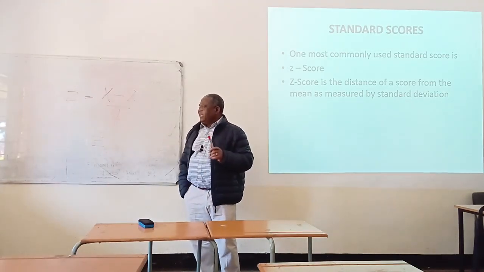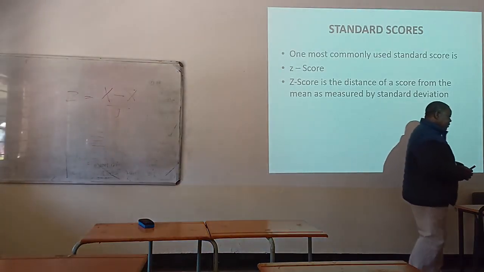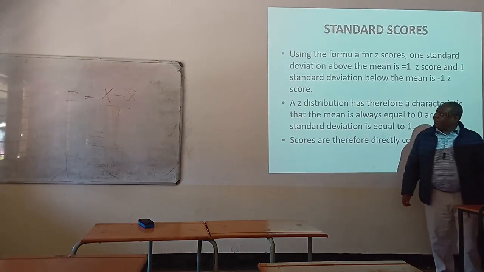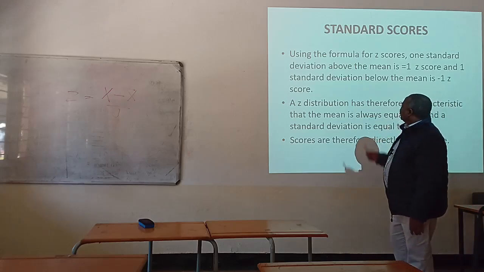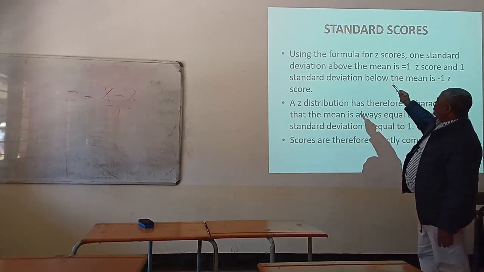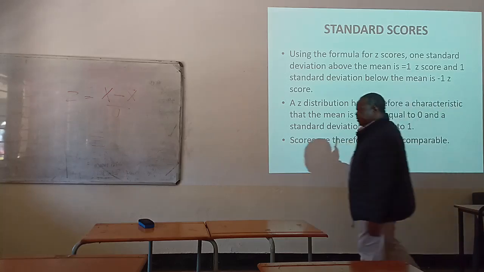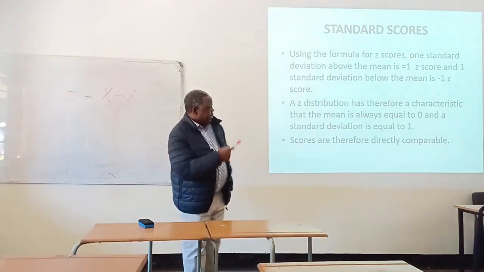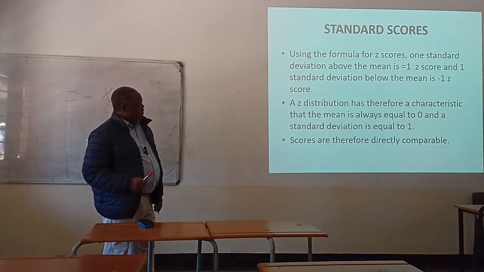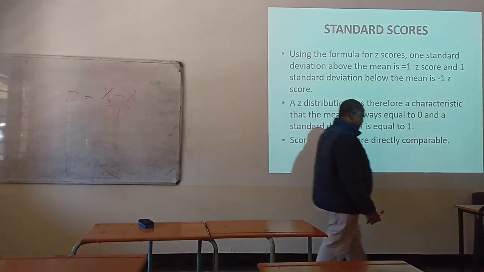And we said that when you transform your scores in a distribution into standard scores, one standard deviation above the mean is equal to 1, and one standard deviation below the mean is equal to -1. The mean itself becomes 0 in that distribution.